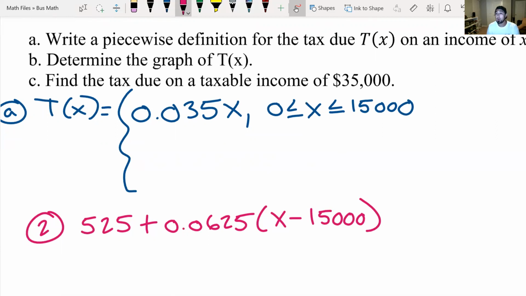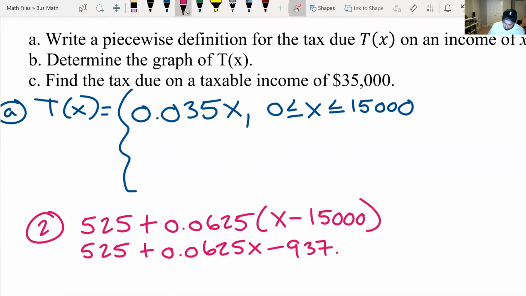Okay, and now we have to simplify it. So distribute the 0.0625. Minus whatever that is, let's see, 0.0625 times 15,000 gives me 937.50.